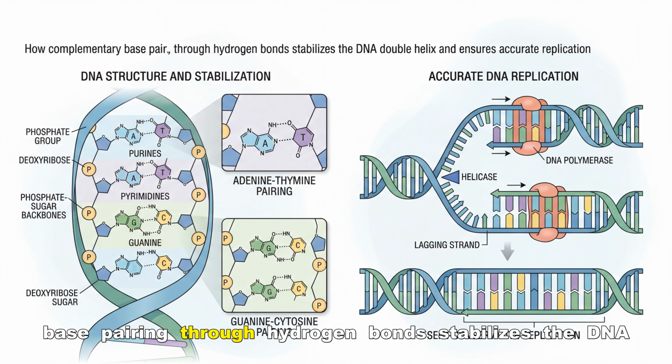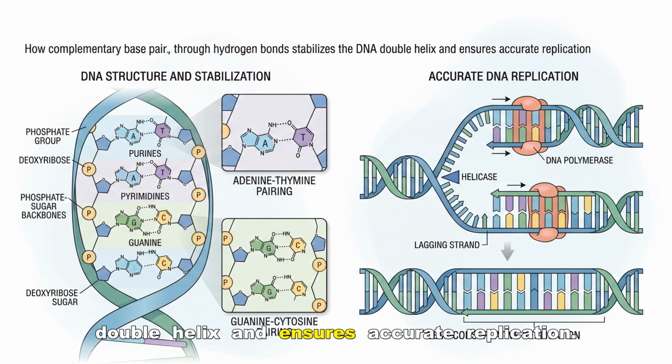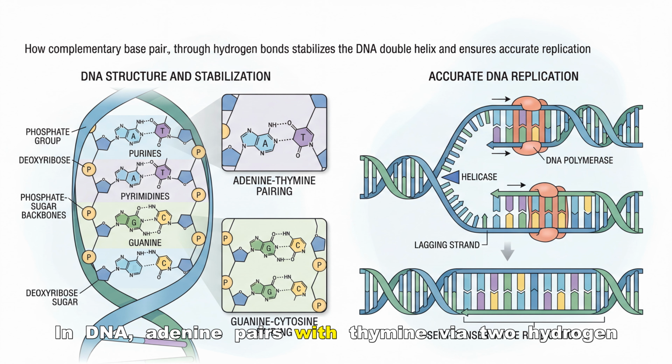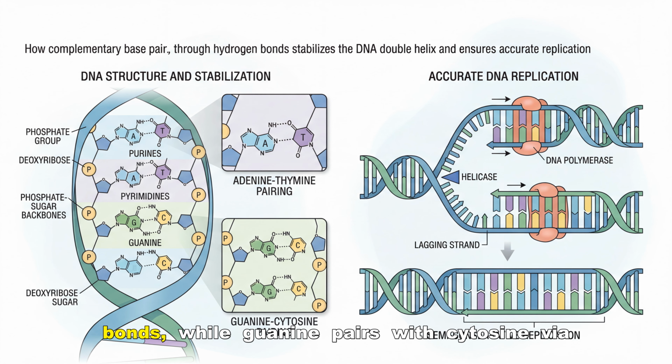Complementary base pairing through hydrogen bonds stabilizes the DNA double helix and ensures accurate replication. In DNA, adenine pairs with thymine via 2 hydrogen bonds, while guanine pairs with cytosine via 3 hydrogen bonds, making GC pairs slightly stronger and more thermally stable.